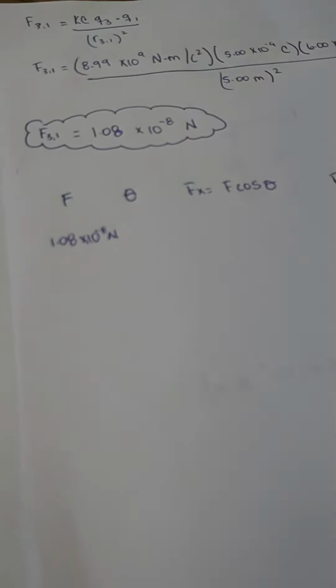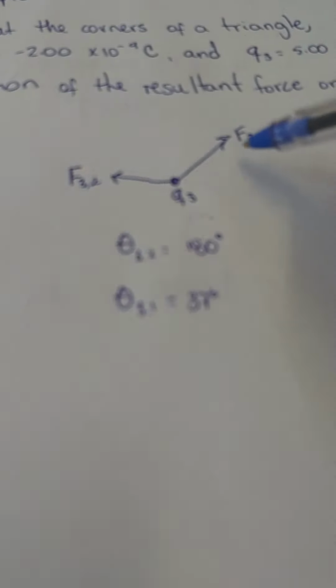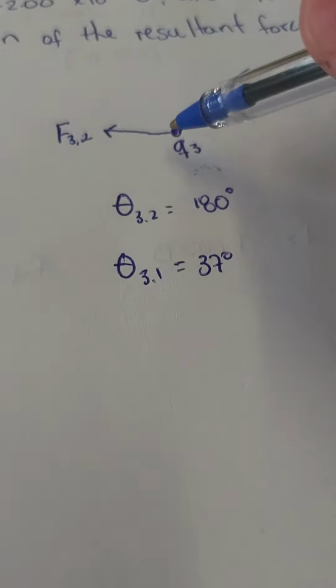We're going to use F31, 1.08 times 10 to the negative 8 newton. Remember, the angle for 3,1 was 37 degrees.